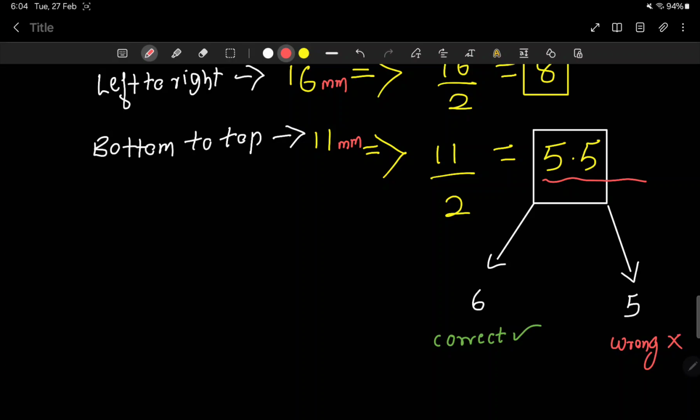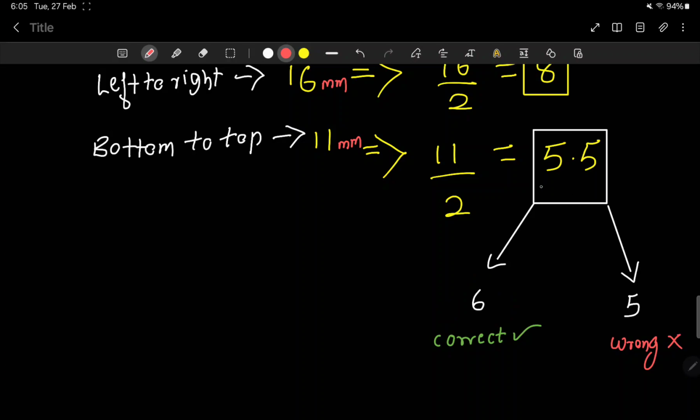The question arises how to round off this number. In topo sheets, we just check whether the number after the decimal is more than or equal to 0.5. If so, we take the next natural number. So what is the natural number right after 5.5? That is 6. This will be considered correct.